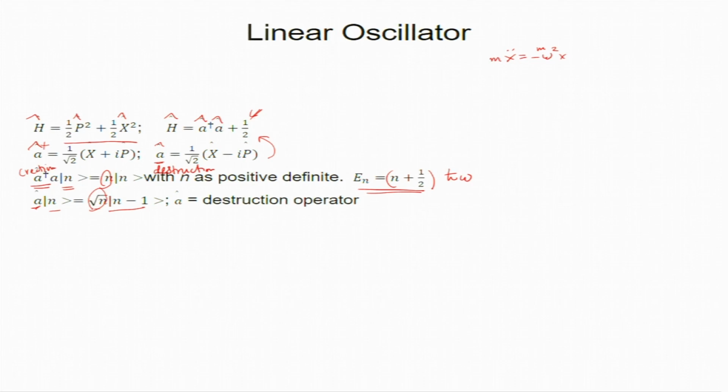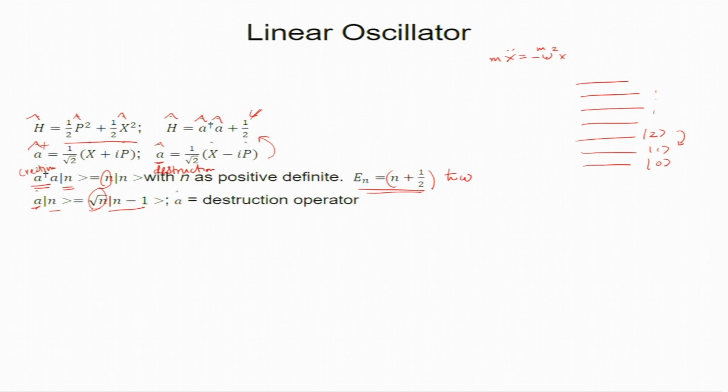This is the oscillator, it has all these energy eigenstates. We start with 0, 1, 2 like this. If I apply the a operator, let us say on 2, then it will go to 1, it comes down by 1 state.